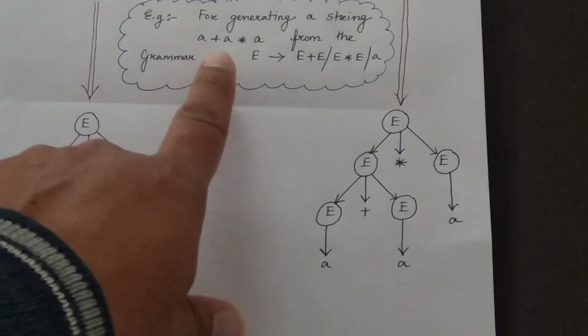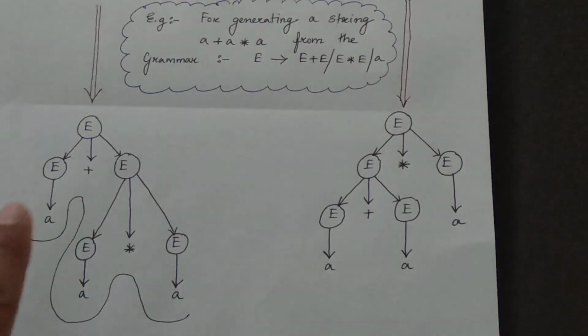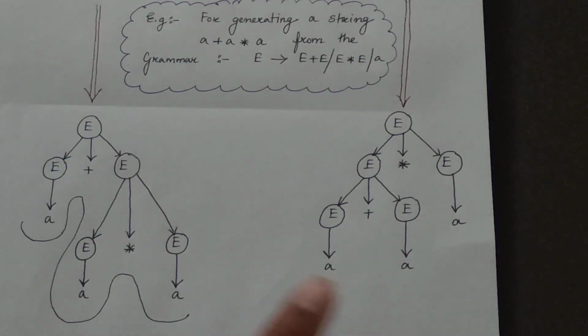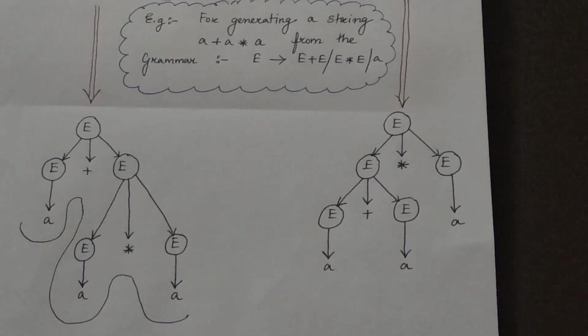Why? Because for this particular string, we have two different syntax trees or two different parse trees. So we have understood the definition of derivation tree along with its types, left derivation tree and right derivation tree, and we have seen two examples for this.